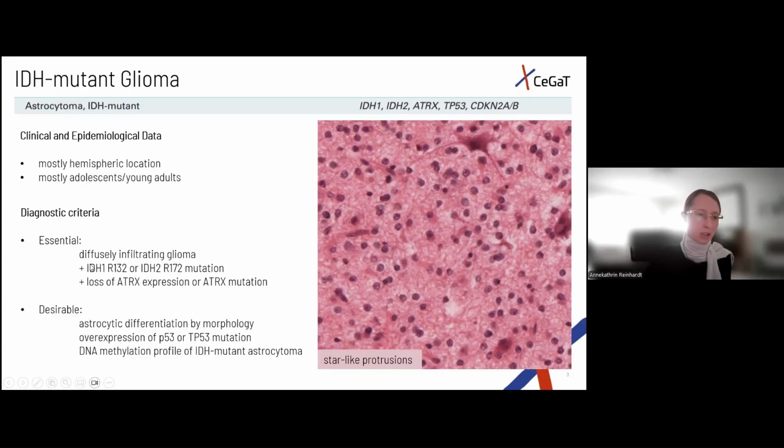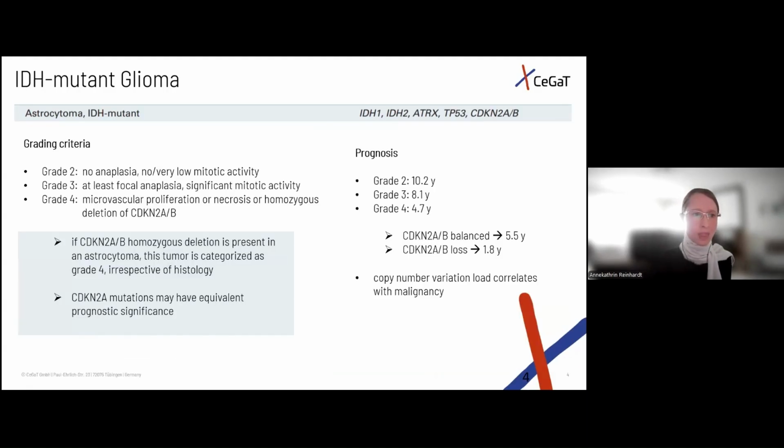In addition to this mutation, it is also required that the patient has an ATRX alteration. What is also important for the molecular profiling is that most of them also have a TP53 alteration. So if you see IDH, ATRX, and TP53, you can be pretty sure that it is an IDH mutant astrocytoma.